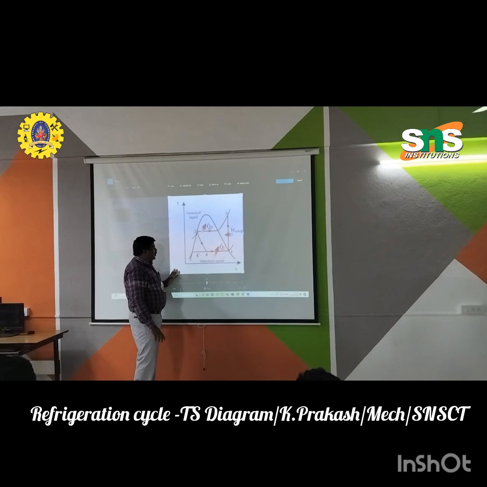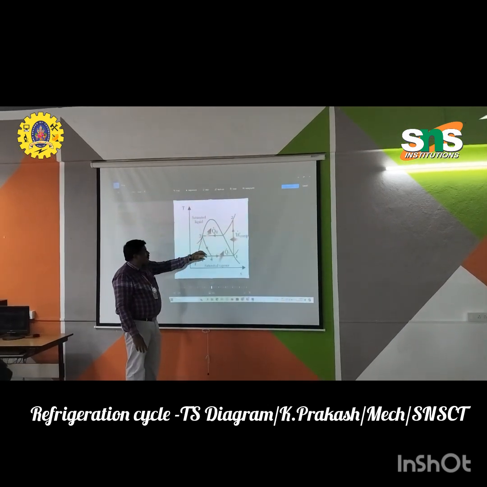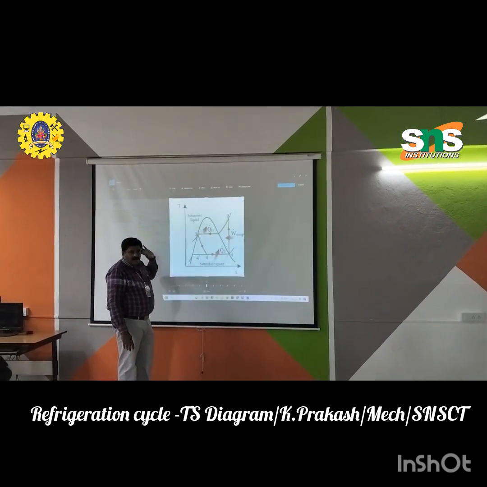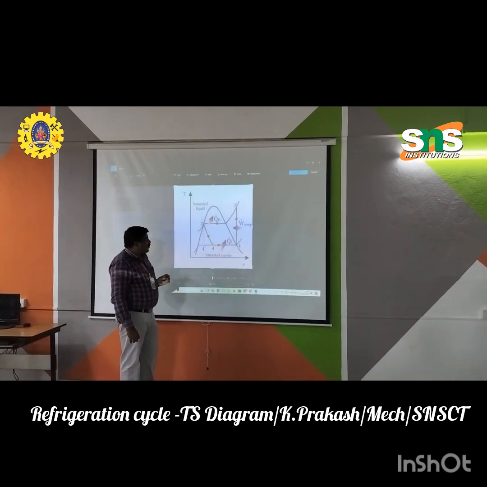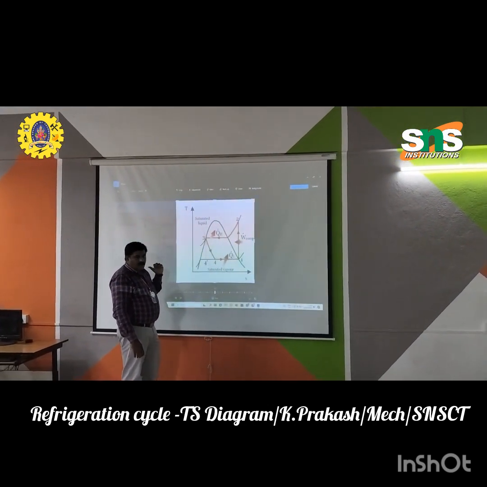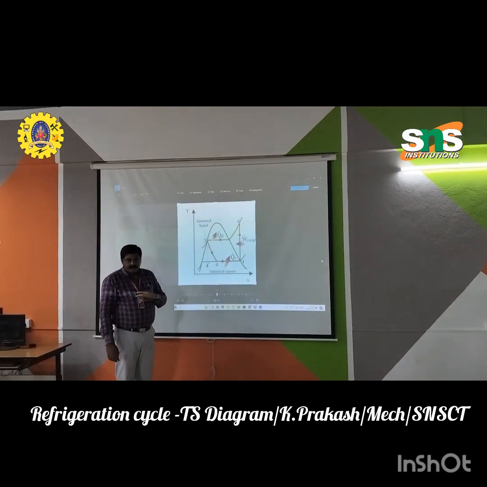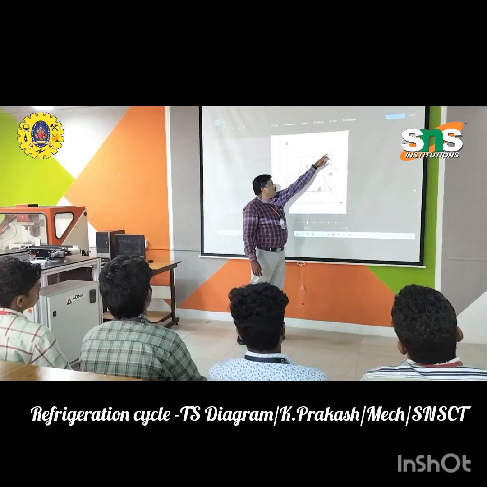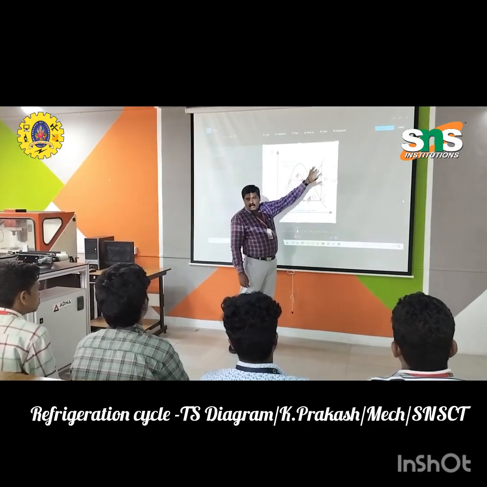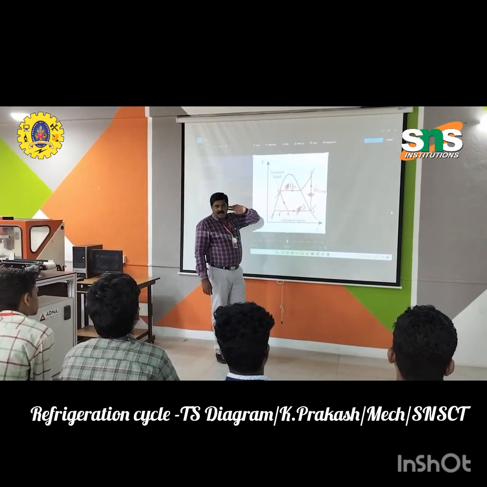Now the refrigeration process has been plotted in this diagram. Where does compression take place? Here in this 1 to 2 process, compression takes place.